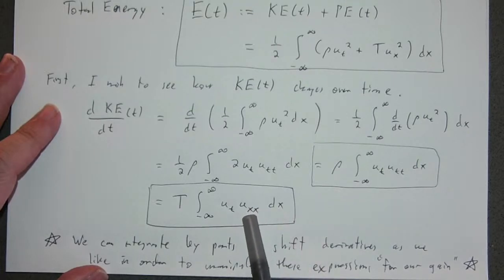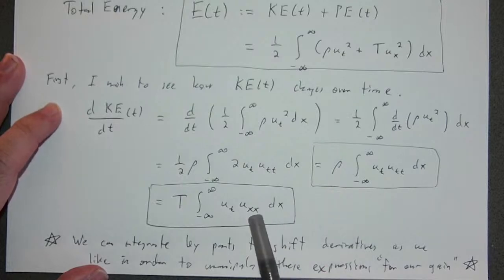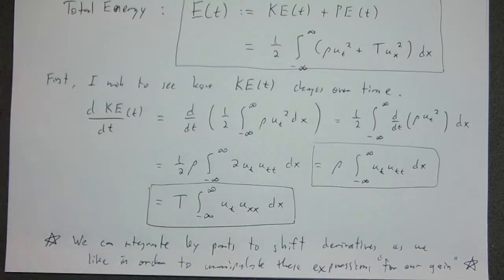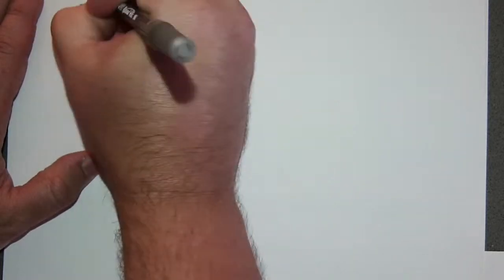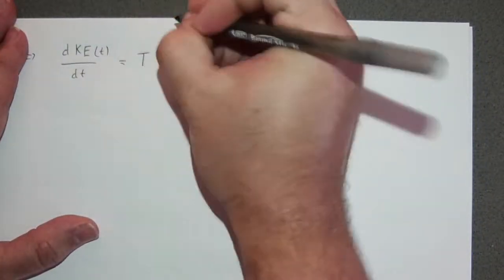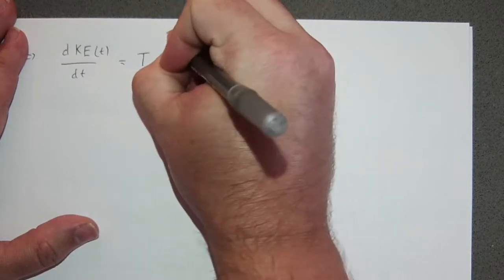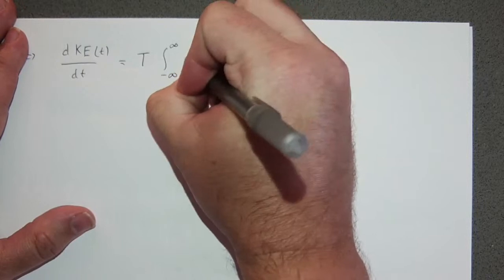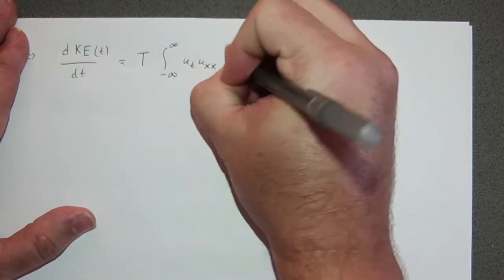One of these x derivatives, we want to shift it over to this u sub t here. And so how do we do this? Doing integration by parts here, this implies that our derivative of kinetic energy, which we said is t times the integral from minus infinity to infinity of u sub t u sub xx dx.